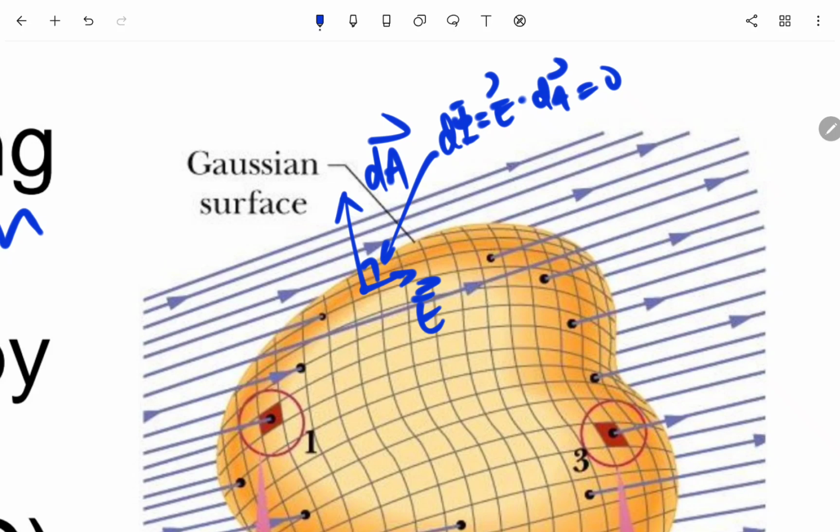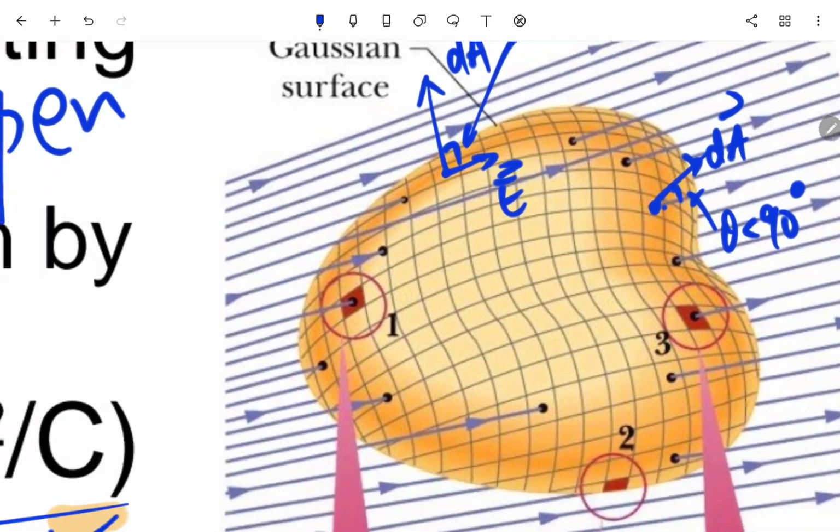For this point, we assume that dA may be pointing to this side, and the E field pointing to the right side. So there is an angle theta between them, less than 90 degrees. In such a way, d phi will be a positive value.